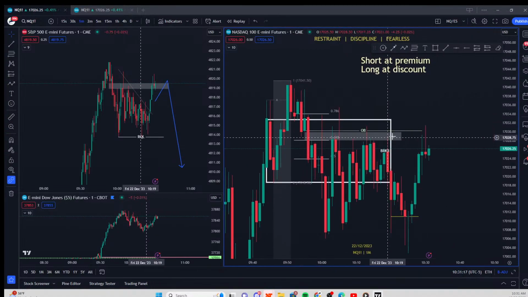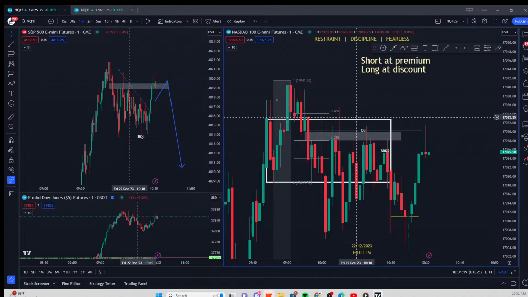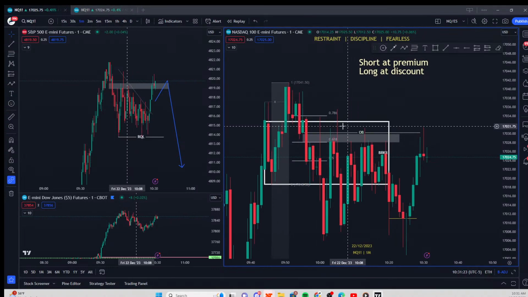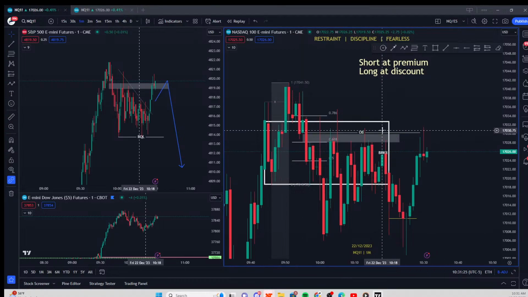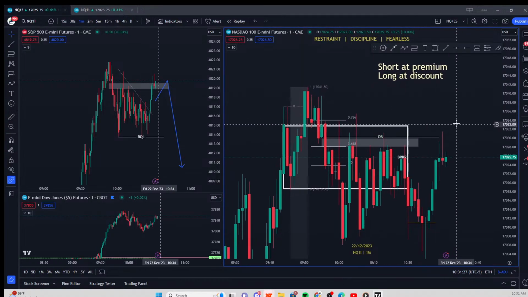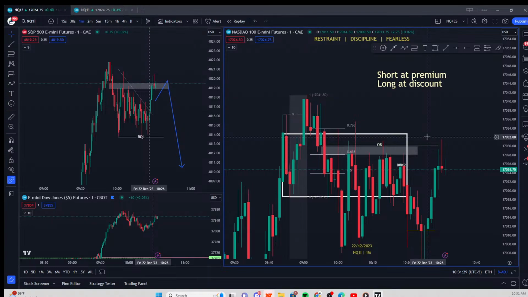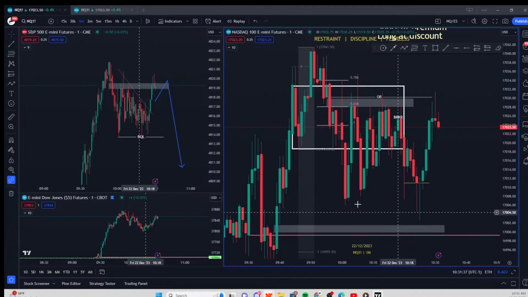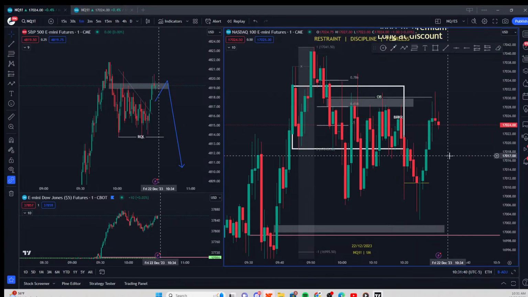So shorting at the premium, watching if it closes above 33 because it'll violate this order block here and this breaker. But so far looking so good. And we'll probably go for these ES lows as our main target.